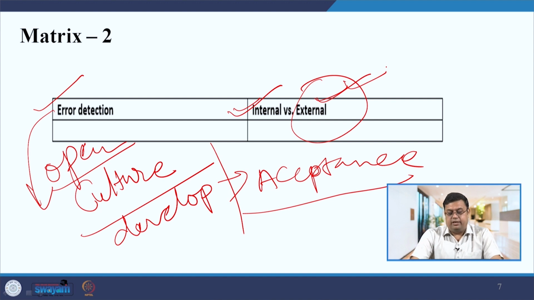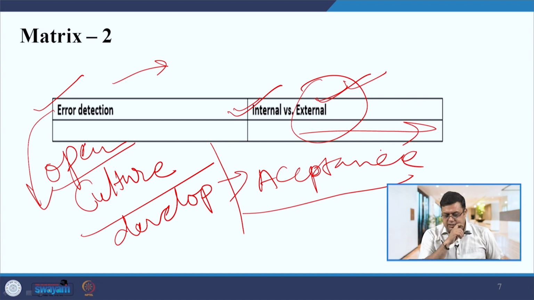It is very important, because in an organization politics is there, blame game is there, everything is there. So very few people will come forward to accept that they have committed a mistake or were not able to achieve the target. But it will help you to develop the culture. So let us assume that on day one, when you started this error analysis, you found that 90% of the error detection comes through the external.